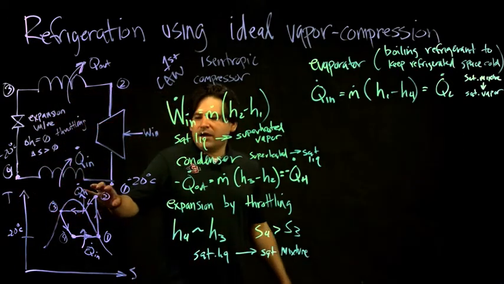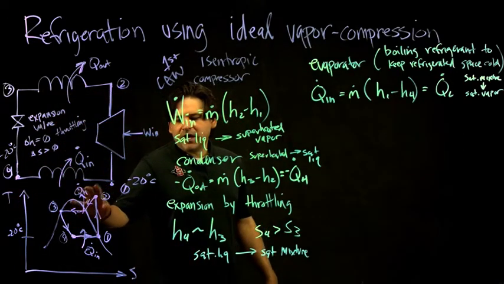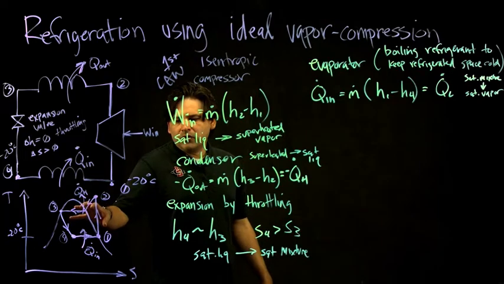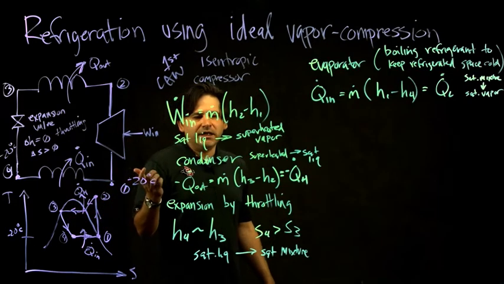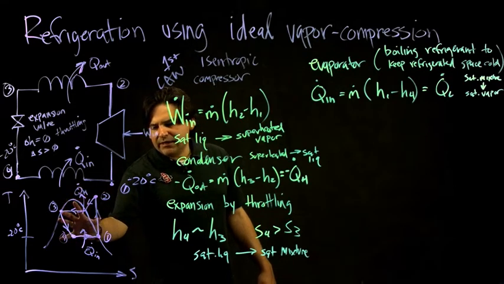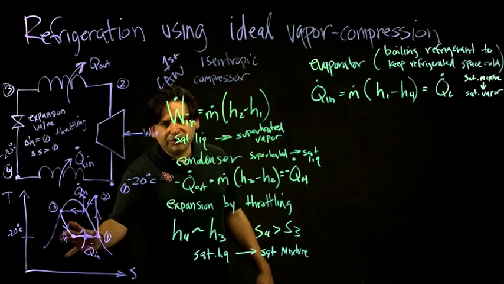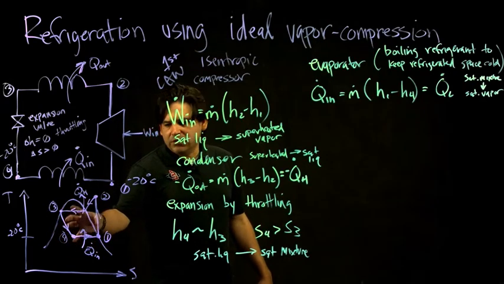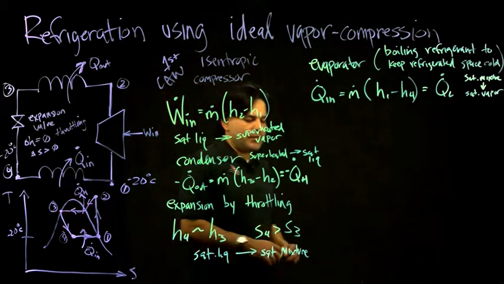That's why it's important to have access to this R134A table, for example, in many cases, because that keeps track of the state of the working fluid in this region. There's no equation to capture all these properties. You need a table.